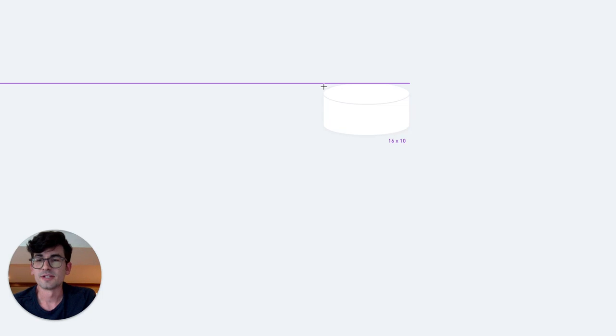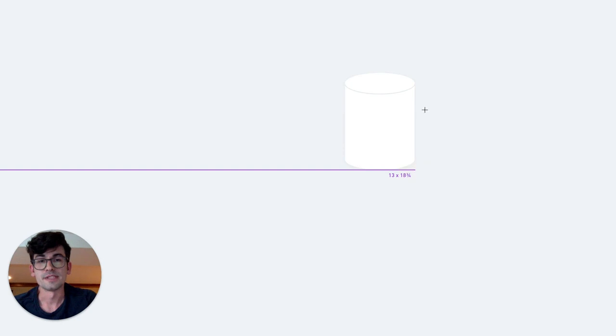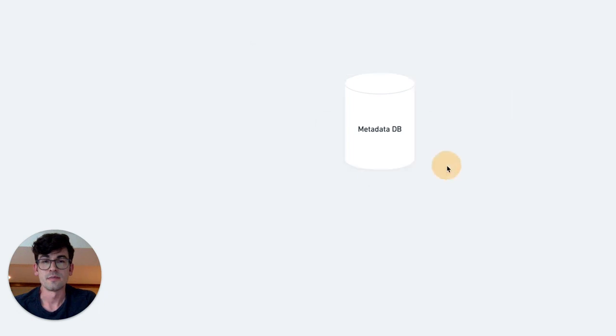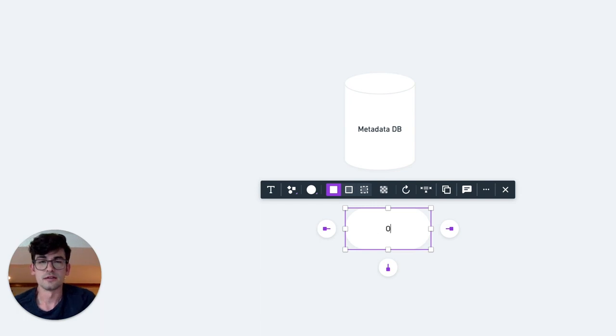At a fundamental level, I'm going to start with the database since that's what we were just talking about. So this is going to be our metadata database. In addition, one of the important pieces here is this idea of the image paths that we're storing in the photo table and where those are going to be stored. So we're also going to have a distributed object storage mechanism, and this is something like S3.